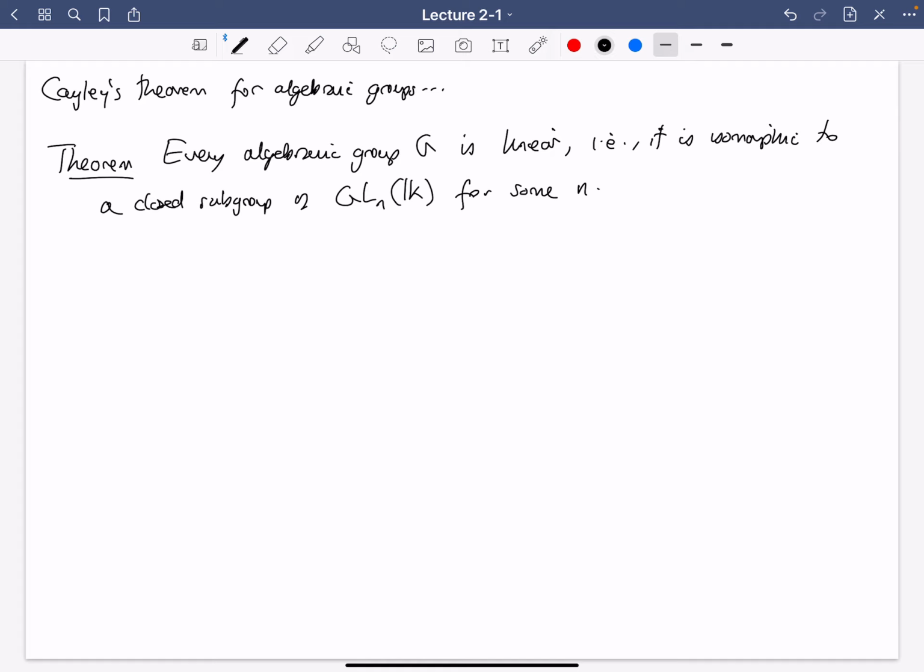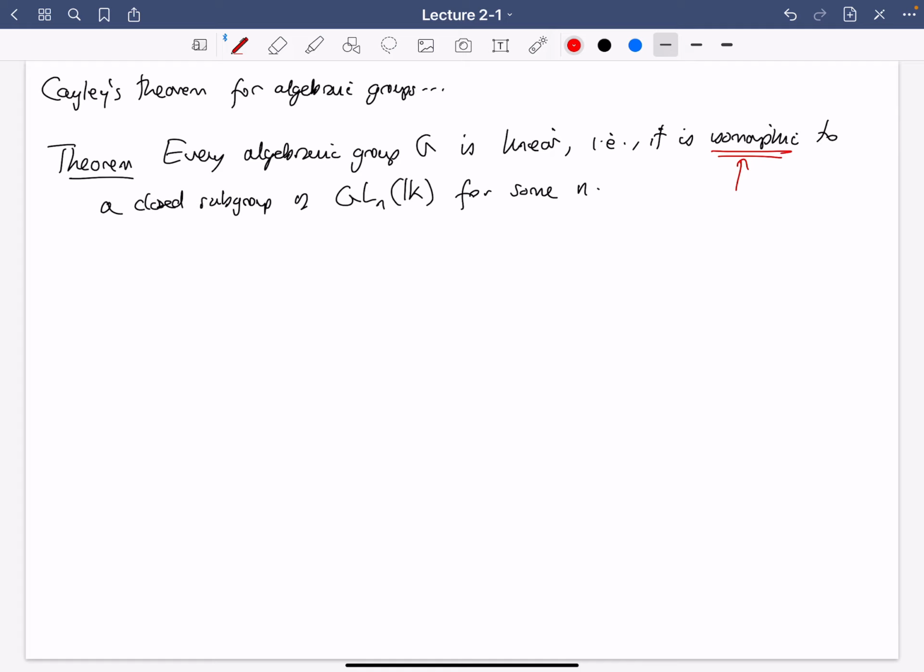So let's see. I want to try and prove this. I've got roughly half an hour. I think that's just enough time to try and prove the theorem. I haven't maybe used the word isomorphism, but of course I've defined morphism for algebraic groups, and an isomorphism of algebraic groups is a morphism of algebraic groups whose inverse is also a morphism of algebraic groups.